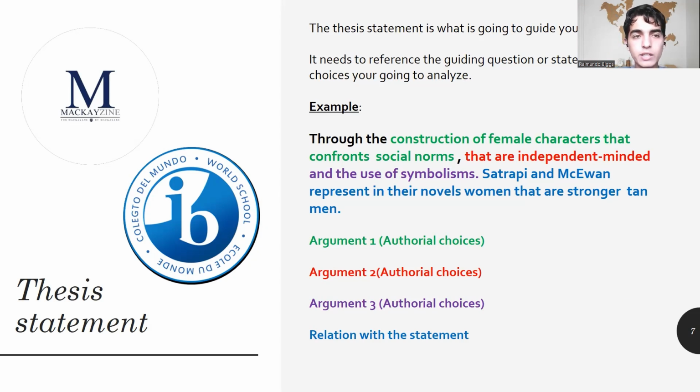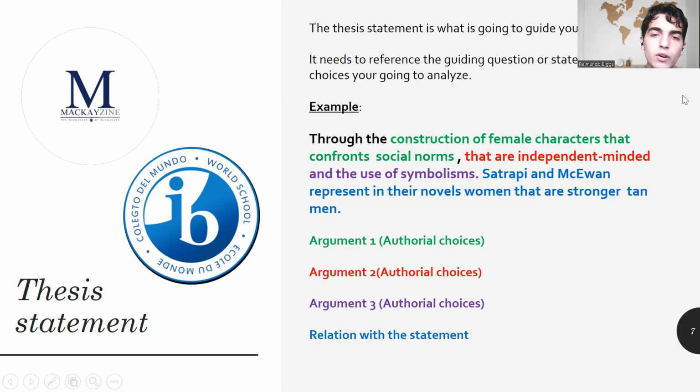And then if you see a question that is related to that, you only put those authorial choices in there. But you cannot analyze things that are basic. You need to have a deeper analysis, and you will achieve that deeper analysis if you analyze what authors meant by having the symbolism of a fountain or anything.